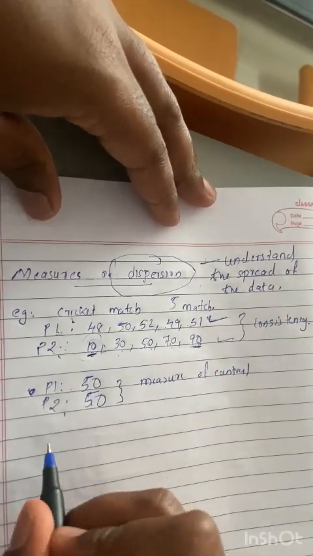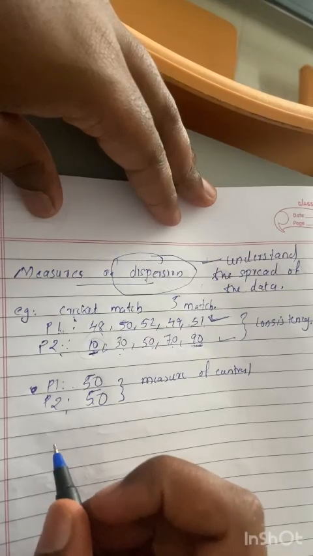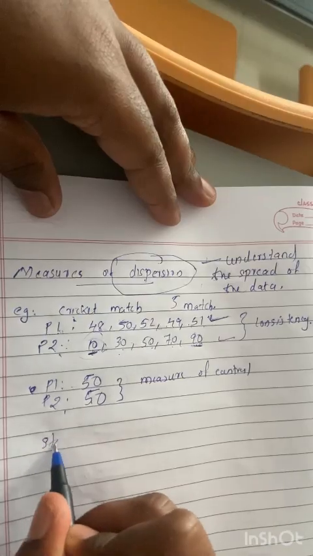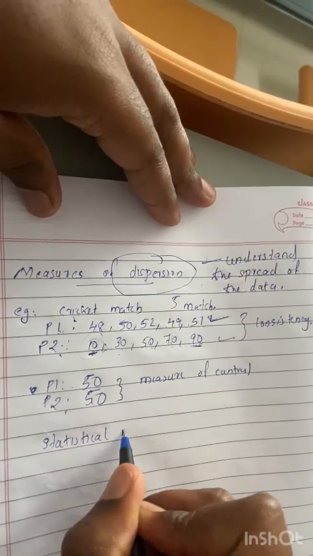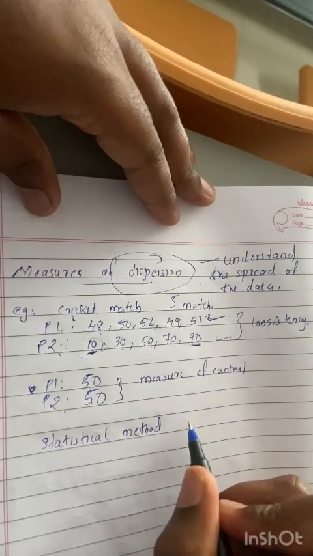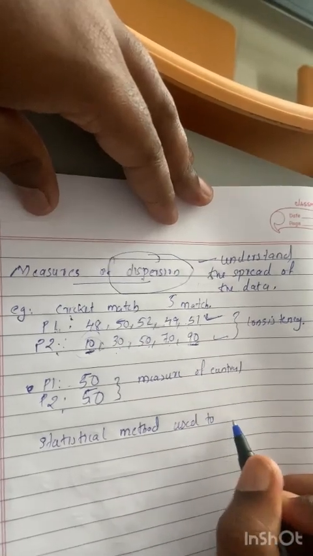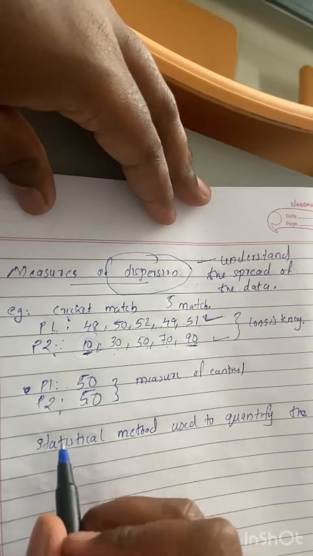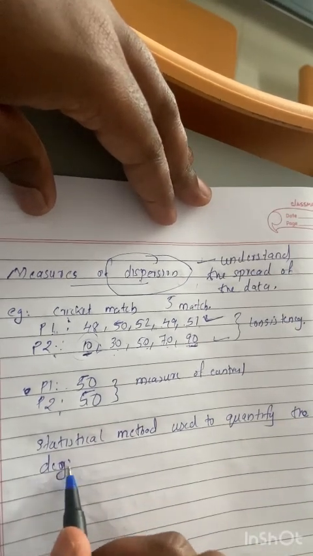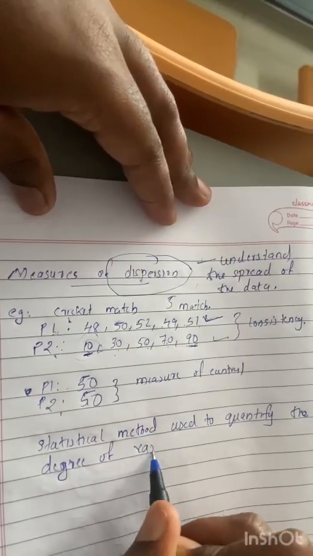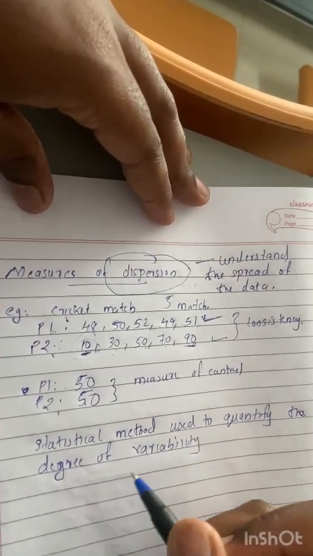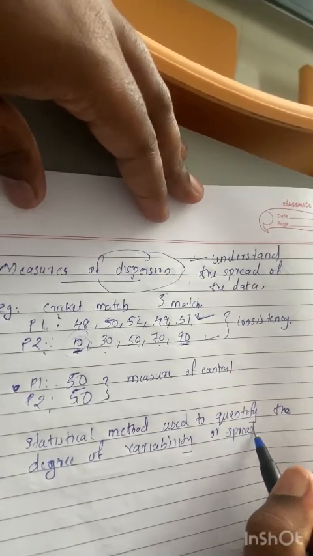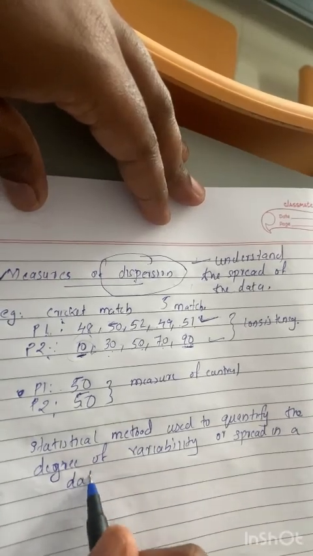The measure of dispersion is a statistical method used to quantify the degree of variability or spread in a data set.